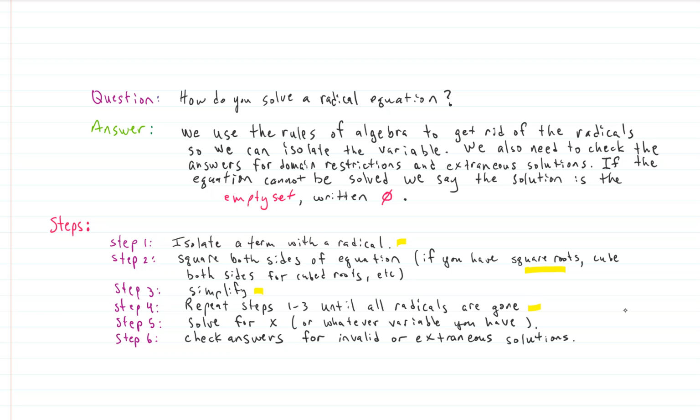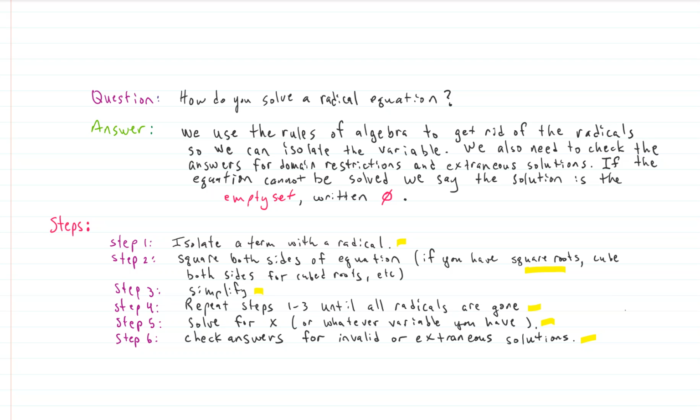all the radicals. But then once you have gotten rid of all the radicals, by isolating them each separately and then squaring both sides of the equation, assuming you're using square roots, or you have square roots in your equation, then you solve for x, or whatever your variable is. Then the last thing you need to do is you need to check your answers for invalid or extraneous solutions.